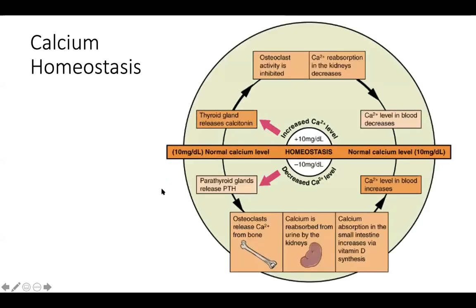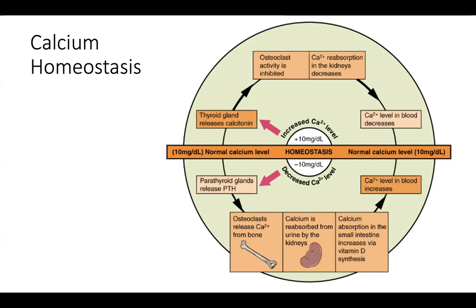And here is a not excellent chart. It's a little bit confusing, but if you stop and take a minute to look at it, I think it's kind of helpful. It just puts it all sort of in perspective. So I'm going to run through this real quick. What we have here is, this is where we're happy. We have about 10 milligrams per deciliter of calcium, right in that kind of happy medium here.